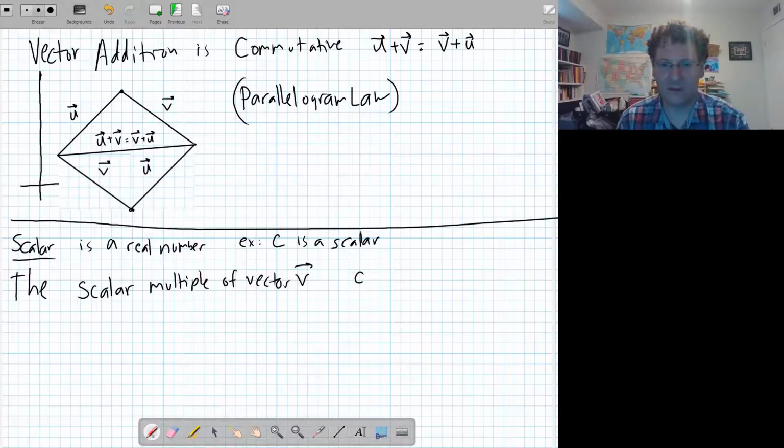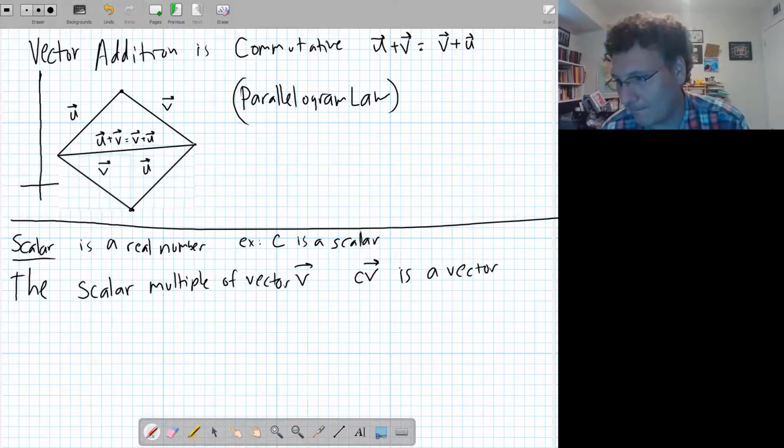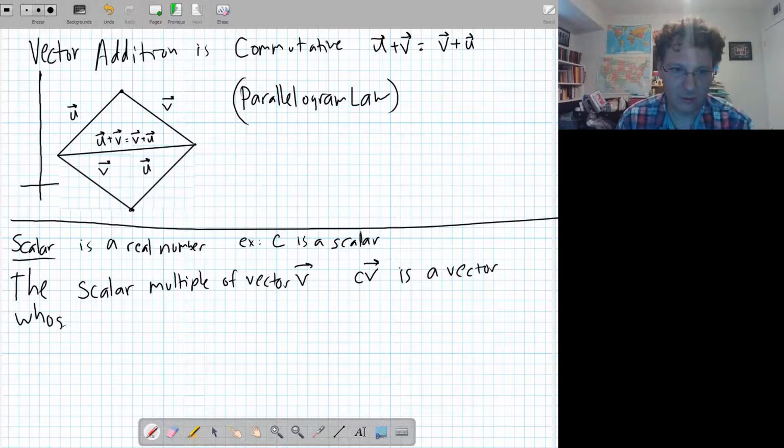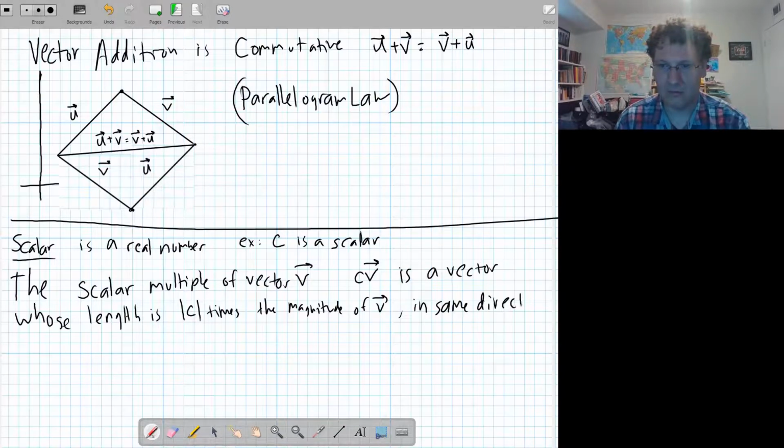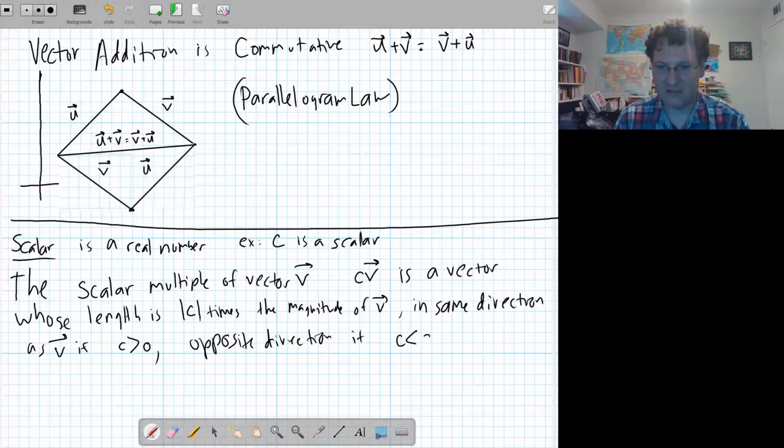So if you have the scalar c times the vector v, this is a vector whose length is the absolute value of c times the magnitude of v, and in the same direction as v if c is greater than 0, and in the opposite direction if c is less than 0.